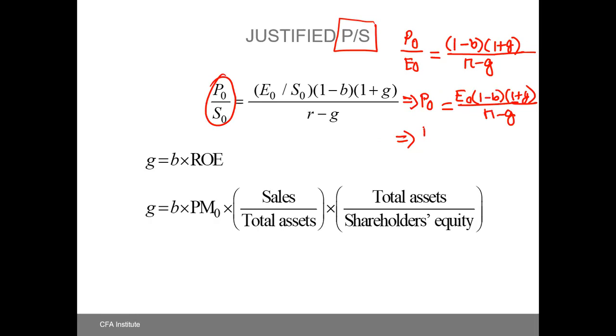Now, if we divide both sides by the sales per share, the latest one, S naught, which indicates the most recently available sales number per share. And we are writing here E naught divided by sales naught.